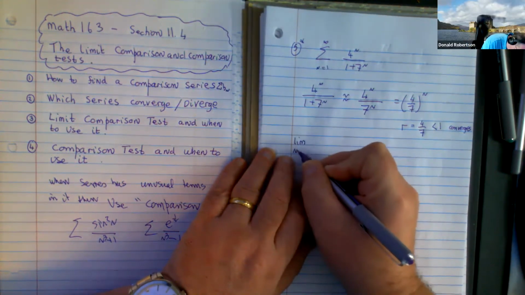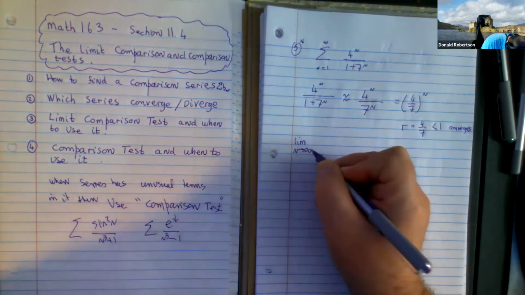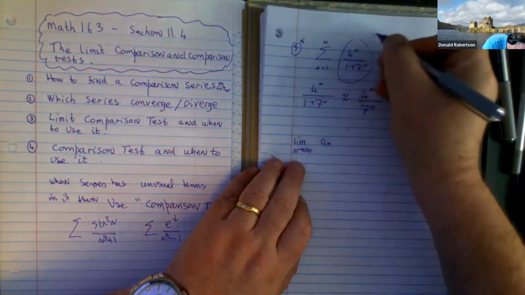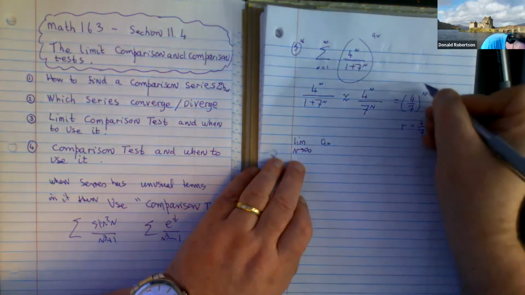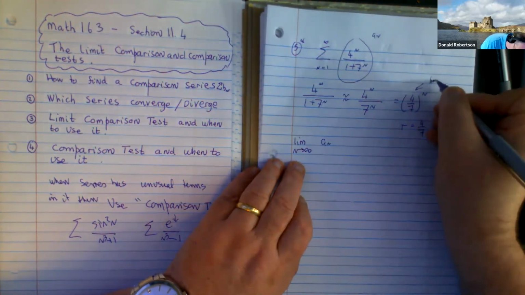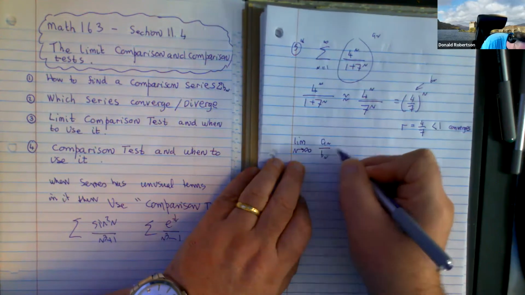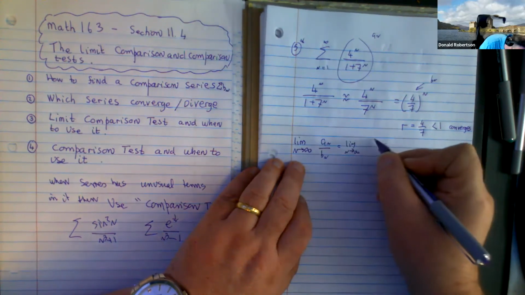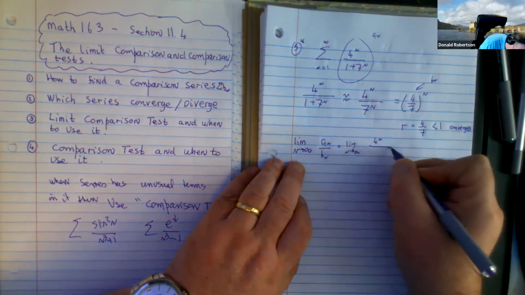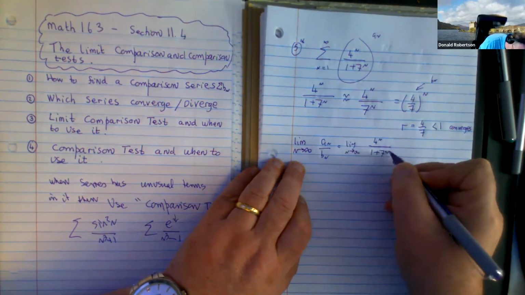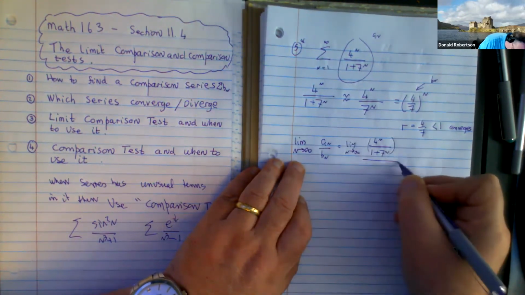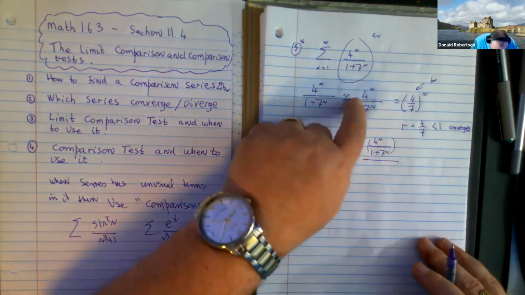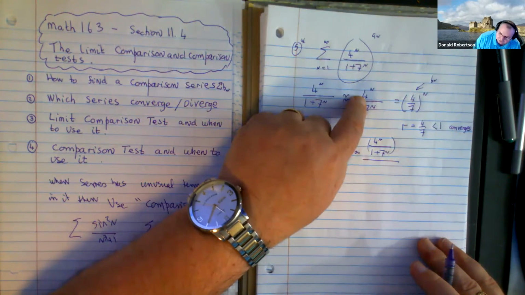It's going to be the limit as n tends to infinity of an, which is that guy, over bn, which is that guy. So it's going to be 4 to the n over 1 plus 7 to the n divided by that guy. Now, I could use this one, but actually this is a much better version to use, right?